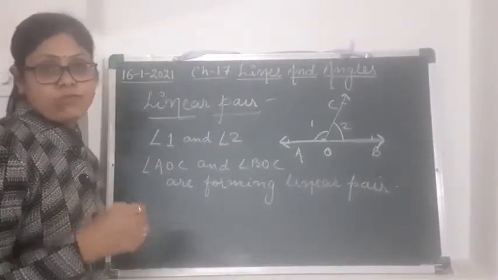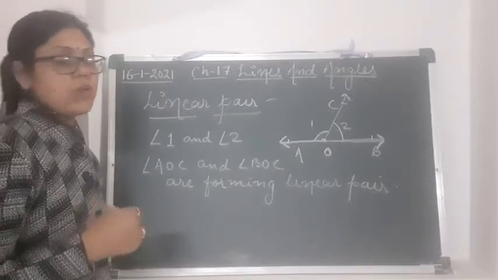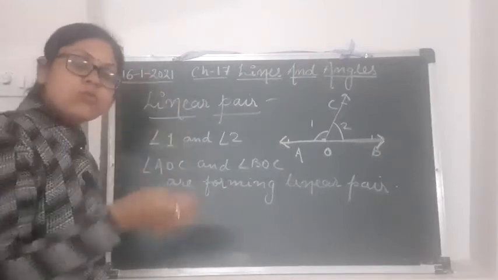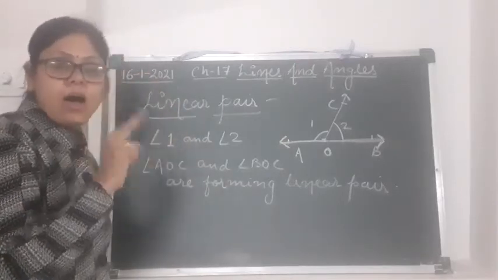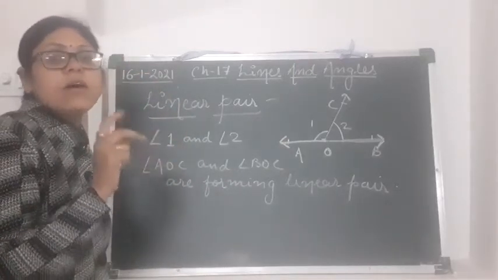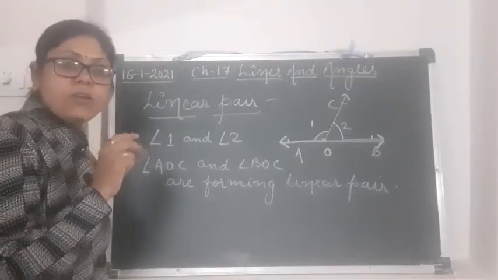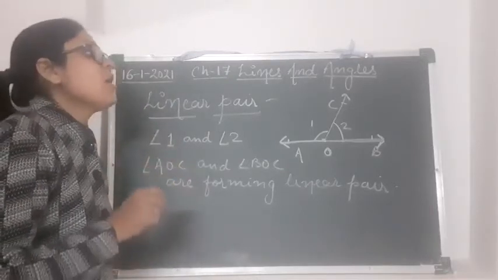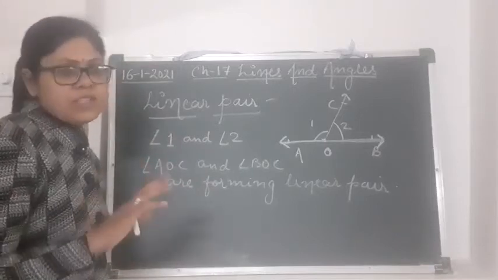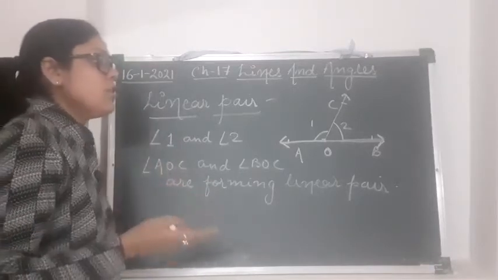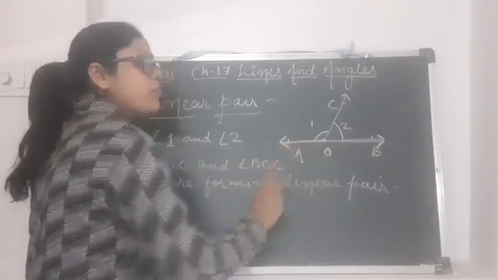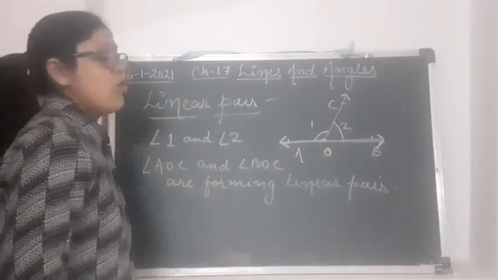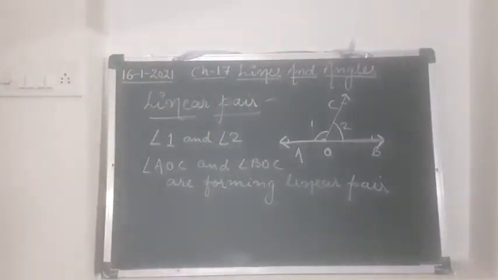That's why we are going through these concepts. When a common arm and two opposite arms are there, that forms adjacent angles, and when these two opposite arms become opposite rays, it forms a linear pair.